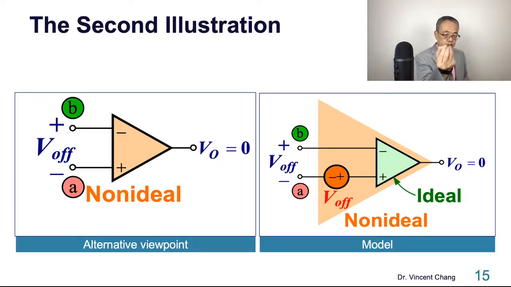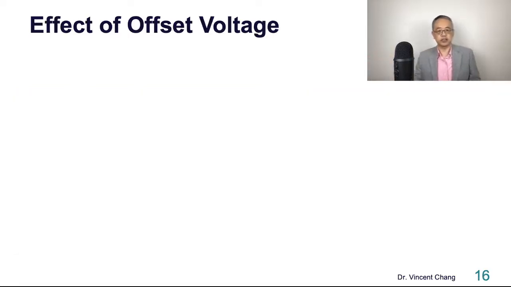So the second illustration for the input offset voltage is that you apply a voltage to try to cancel out, to balance out the internal force. And when you see the output voltage go down to 0, that corresponding input voltage can be defined as the input offset voltage. So two illustrations: one is more for the internal perspective. The other one is more for the external.